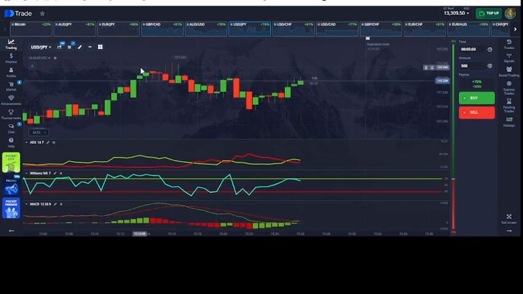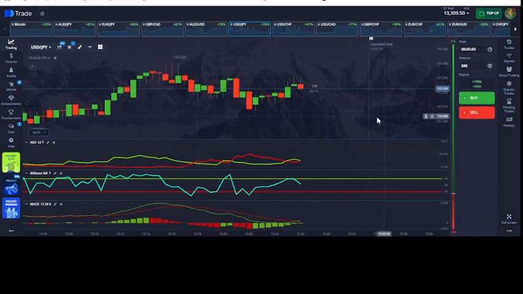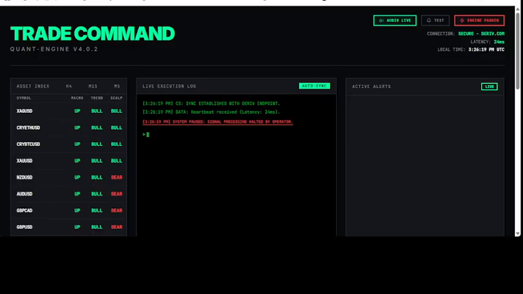When I get a signal, I'm going to go into my Pocket Option account and take the trade based on the signal. I have it set to 5 minute expiries, which coincides with the 5 minute scalping opportunities that the trade engine will look for me.